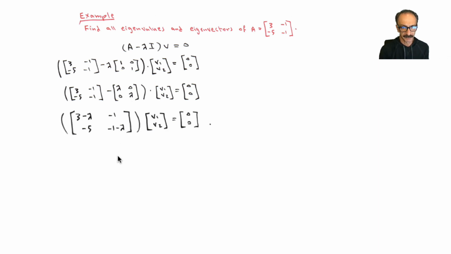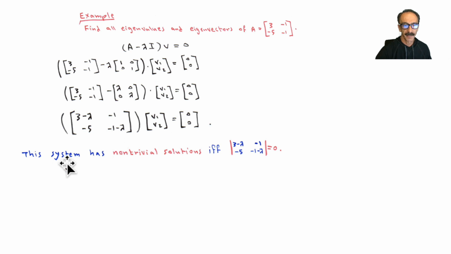So I have the following. As we talked earlier, this will have a non-trivial solution if the determinant of this matrix, which is A minus lambda I, is equal to 0. The system has non-trivial solutions if and only if the determinant of this is equal to 0.